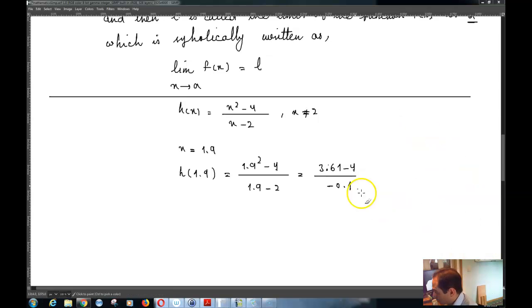Now, 3.61 minus 4, negative 3.9 over negative 0.1, so these two you can cancel out and you get a 30.